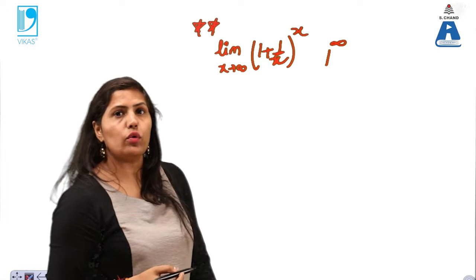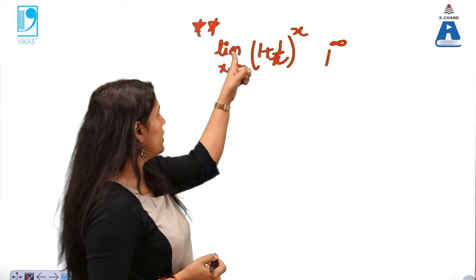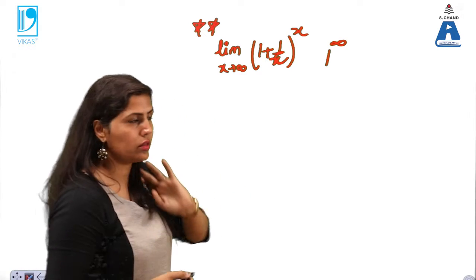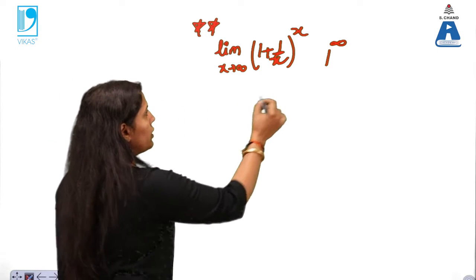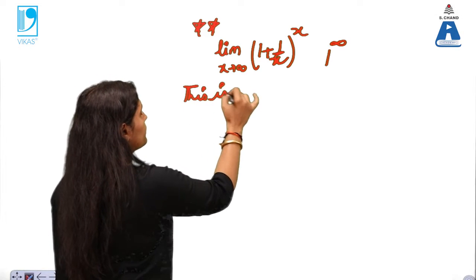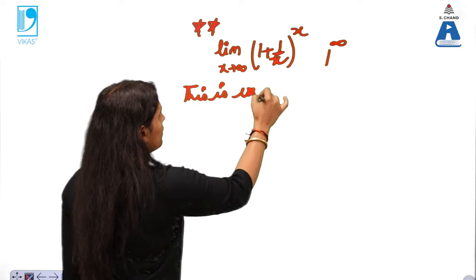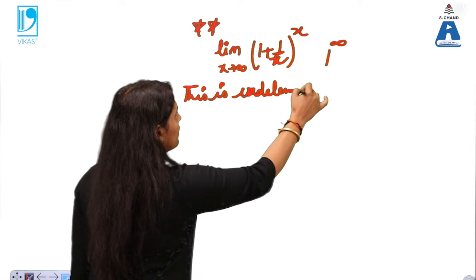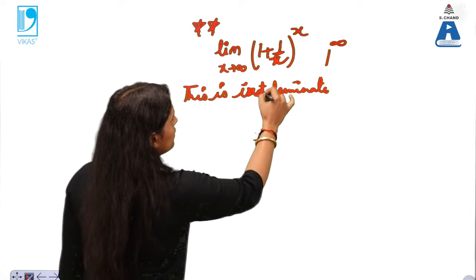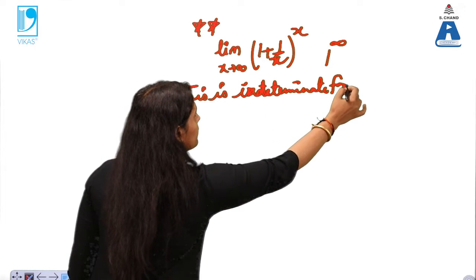First thing is, whenever you have your limit variable, that is x, in the power, you will apply log, and it is 1 to the power infinity, so this is an indeterminate form.